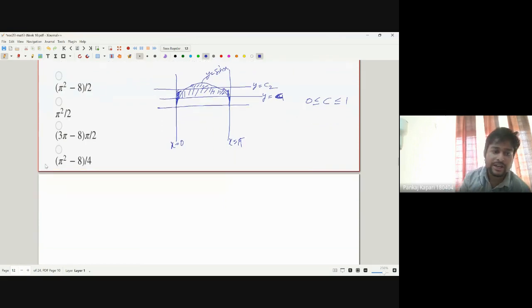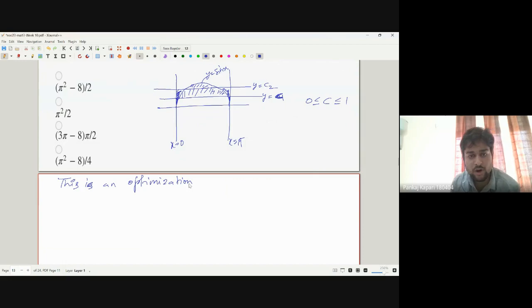Okay, so what is the aim? It's the optimization problem. These kinds of problems are called optimization problems because we have to find some optimal value, maxima or minima. So what is our goal or our aim?